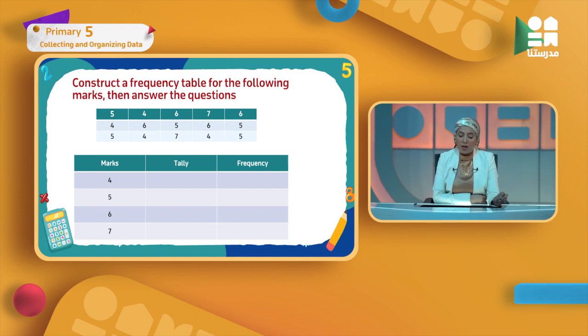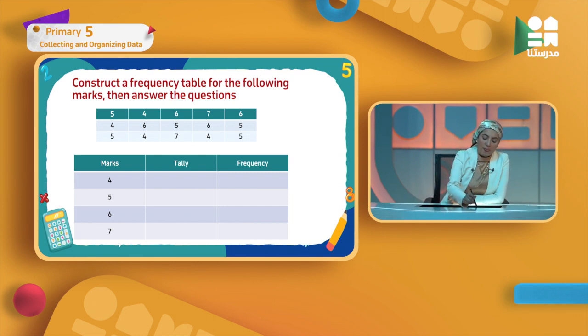And then I will count how many times each one of them took place. Okay, I'll start with 4. I will count in the above table how many times students have got 4. So here I have 1 four, then nothing in this row.